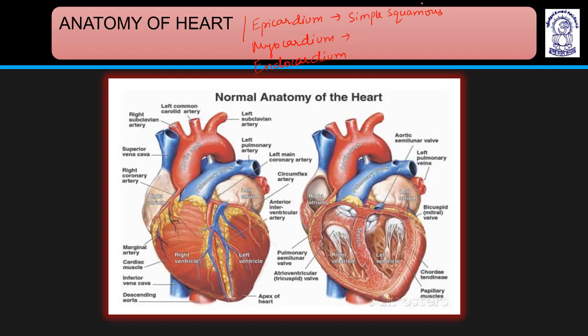It is the thickest layer and made up of cardiac muscles, which are striated but involuntary. Endocardium is the innermost layer made up of simple squamous epithelium.